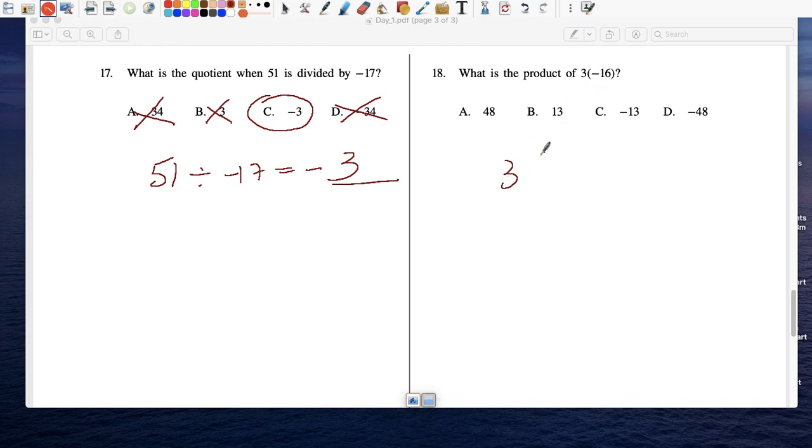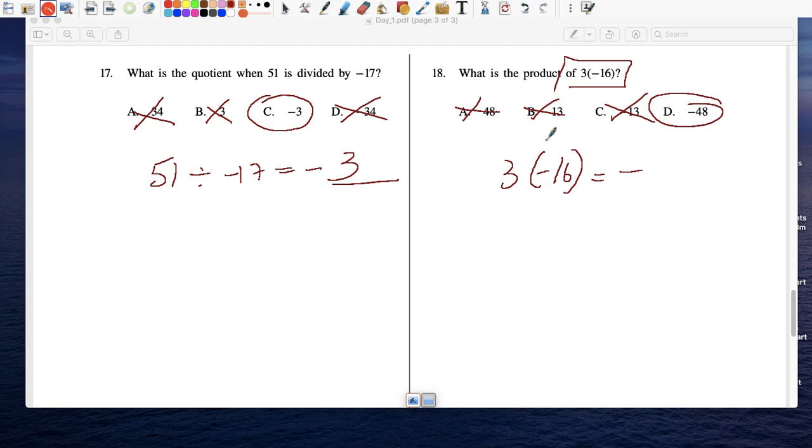Well, 3 times negative 17, a positive times a negative, is going to give a negative product. So again, don't look at these. And can it be negative 13? No, we can't. So the only other option is negative 51. All you have to do is put it in your calculator and you would have gotten your answer right away. That's it for day 1.